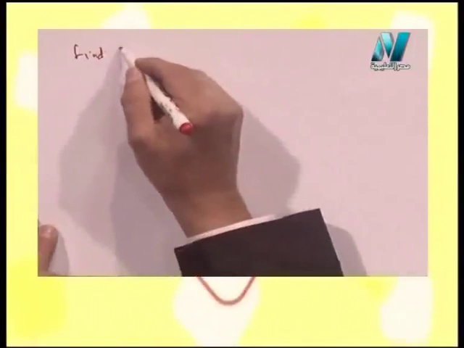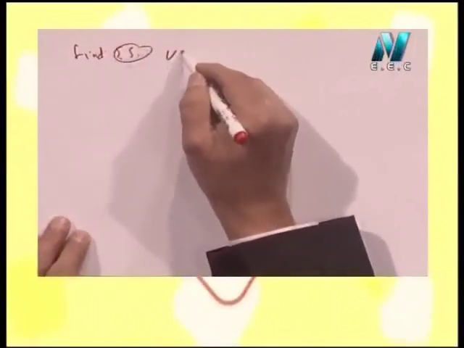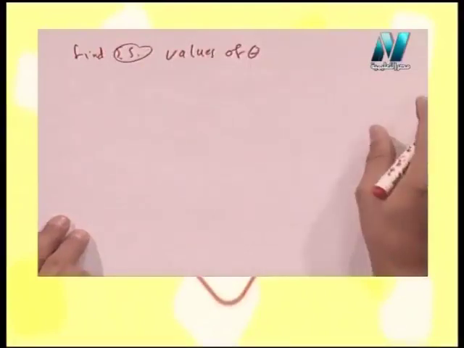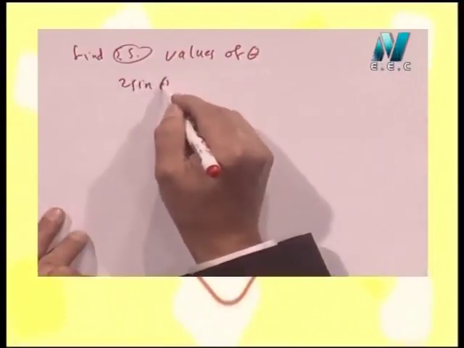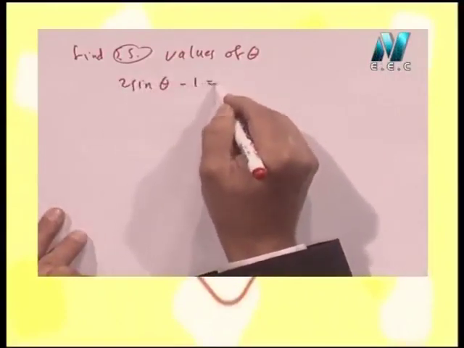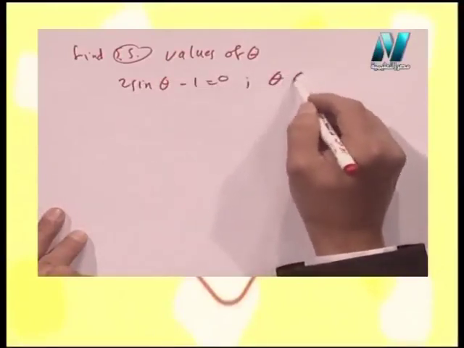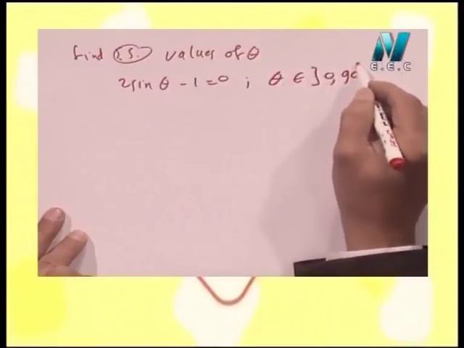If we have an equation like this, he asked me to find the solution set, or find the values of theta. Here, 2 sine theta minus 1 equals 0, and his condition is theta belongs to between 0 and 90 degrees.